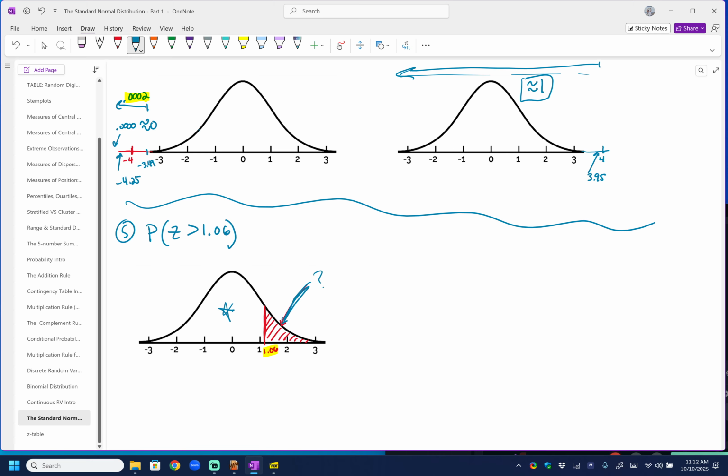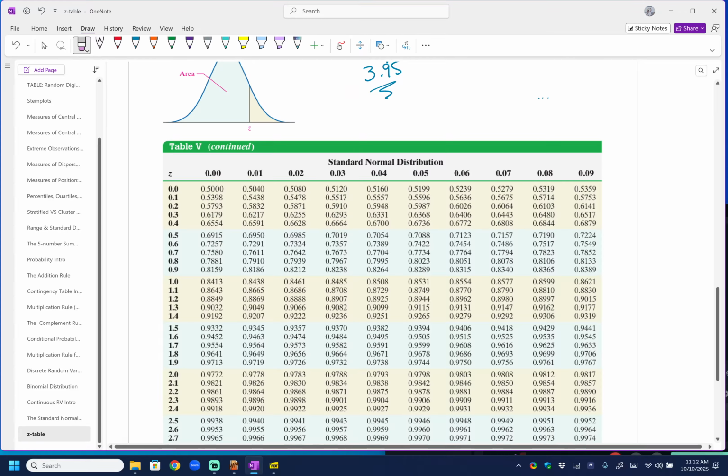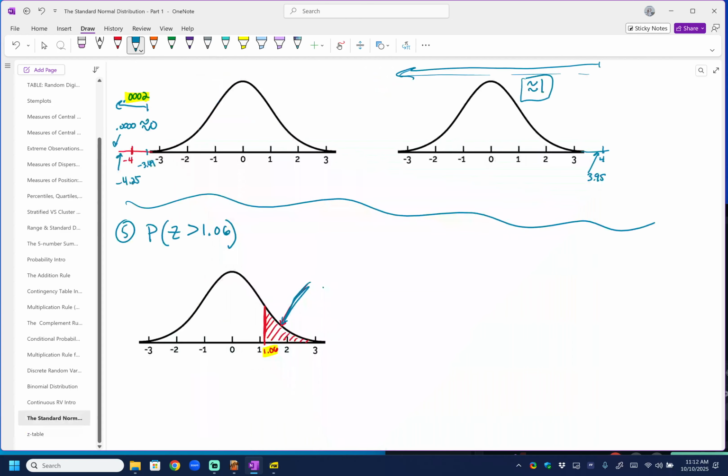So let's go ahead and do that. We go to the z table. We're going to find 1.06, which means we're looking up 1.0 and 0.06 on the positive side. That is going to give us 0.8554.